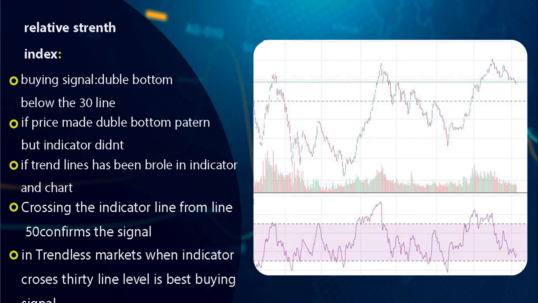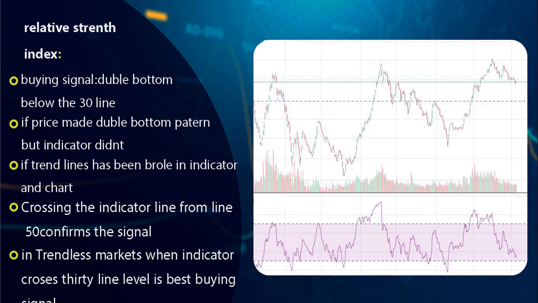For example, here at this point, we have a double bottom. And after that, you can see here we have an upward trend in this zone. So if the price chart has shown us a double bottom, but we couldn't see the same thing in the indicator line, here we don't have any double bottom pattern, at this point we can take a buy position.